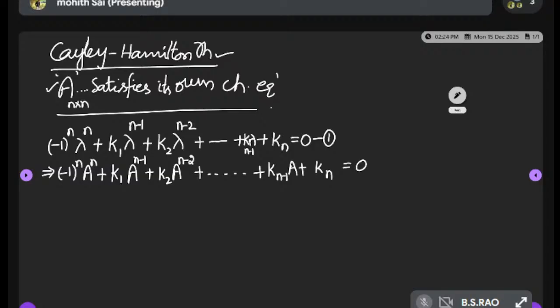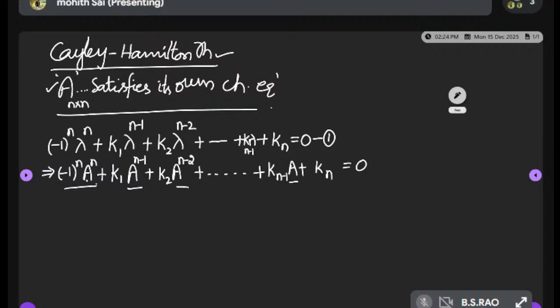Listen, A is a matrix multiplied by minus 1 power n. A power n minus 1 is also a matrix, multiplying A n minus 1 times. So on, A is also a matrix. But what about kn? Constant.